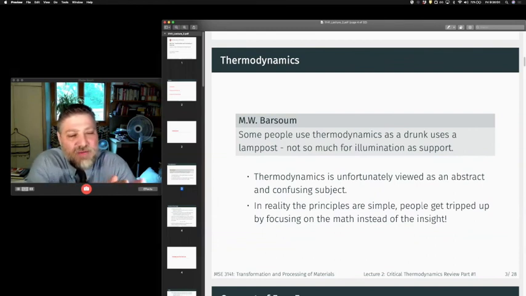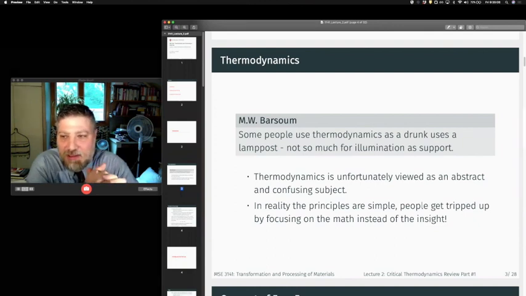Thermo is viewed as a really abstract and confusing subject. Okay. But in reality, most of the principles are pretty simple. Where people get tripped up is by focusing on the math instead of on the insight.